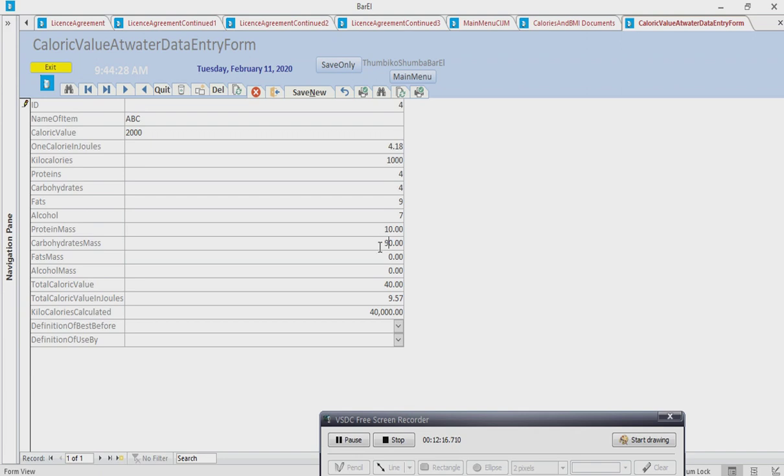This one is 90 grams, carbohydrates mass. Fat mass is 6, and alcohol is 0. Therefore, total calorific value is 454. Total calorific value in joules is 108.61. In kilocalories is 454,000.